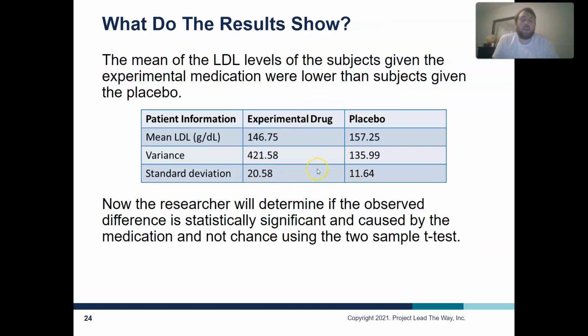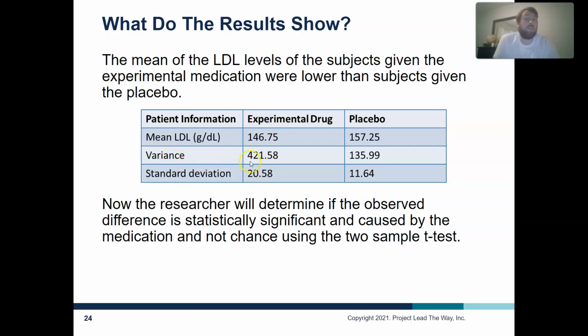And here we are with all of our numbers that I did not have for you, so now I do have them for you. What do these results really show? And this is at the bottom of the page right after the standard deviation. The mean of the LDL values for the subjects given the experimental indication on the left side in the center column were indeed lower than the subjects given the placebo, but notice that the standard deviation was a lot higher, which means that the range of individuals in our group had a lot more variance in it.